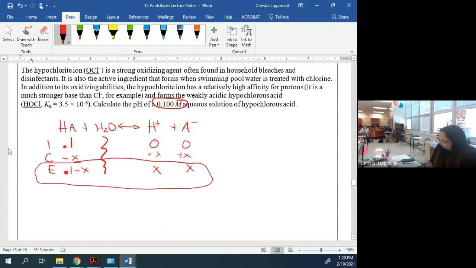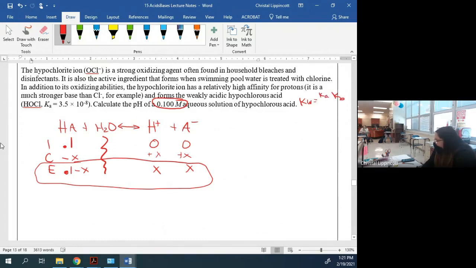Okay. Now, my Ka value here, and I want to make sure that this is Ka, because sometimes they will give you a Kb, but if you have hydrogen here, you need a Ka. Remember that Kw equals Ka times Kb.